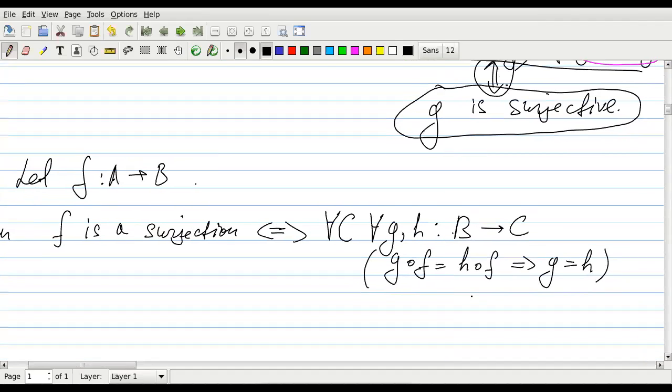What does it mean? That means that a surjection is cancelable, so I may cancel it out from the right. Is the statement clear?